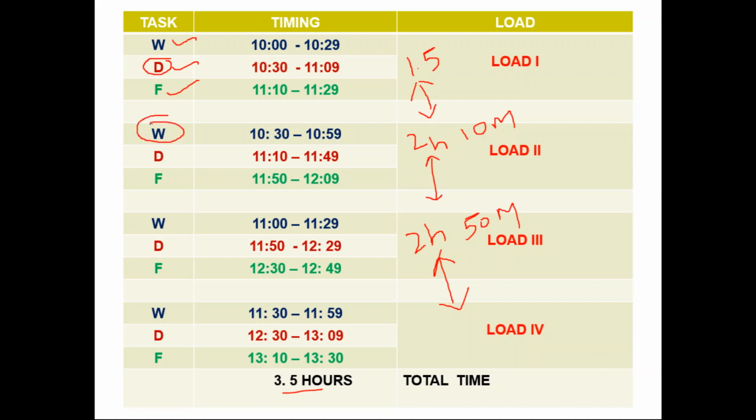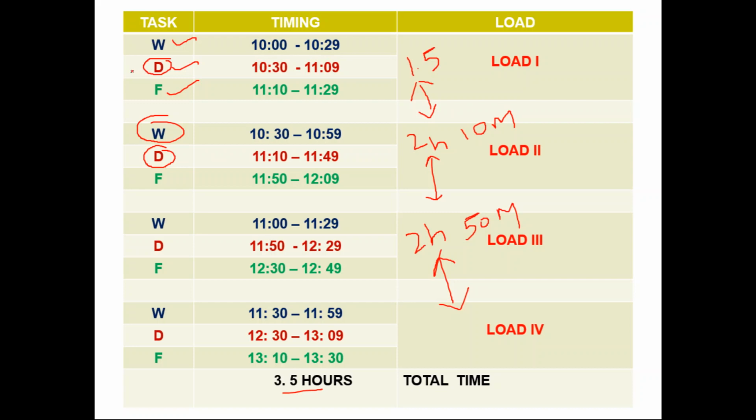When the first load is getting folded, during that time the second load is getting dried. Like that, we are multitasking. We are actually performing more than one task simultaneously, so more than one unit is used at the same time.